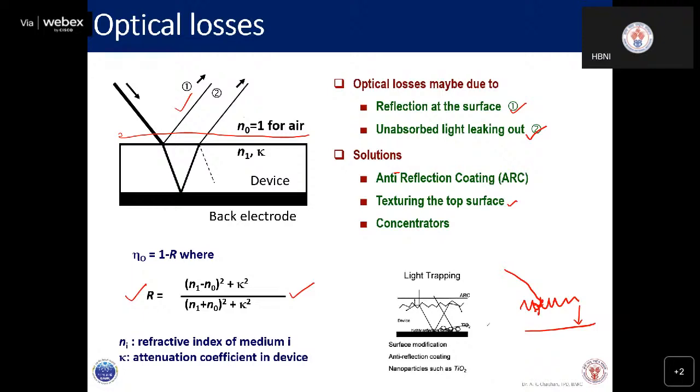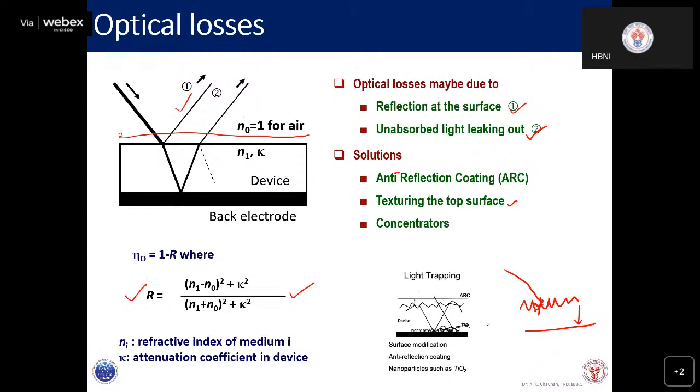Concentrators are assemblies like, I am trying to explain in a simple way, a convex lens. Suppose you have a convex lens, and with the help of the convex lens, a large amount of radiation can be concentrated into small spots, small areas.